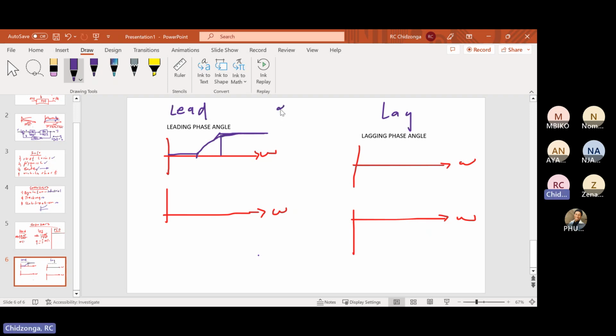According to alpha less than 1, we saw there's a corner frequency at 1/T. And then here, it's a corner frequency at 1/(alpha T). There's a midpoint, all right? Whose frequency we said it's 1/(T square root of alpha), right? This is where the maximum lead is.